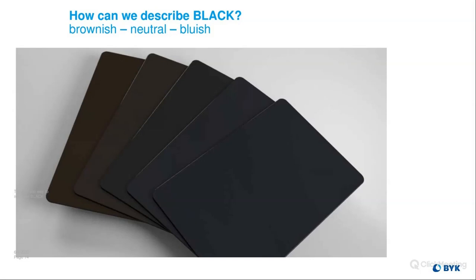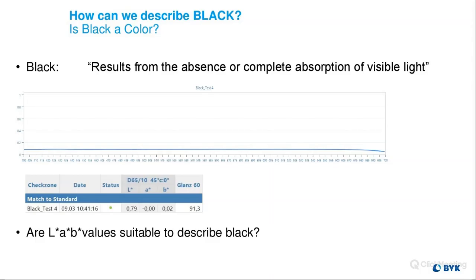So the issue comes up of how can we give values to these colors, because black is considered the absence of all visible light and color. It's not really a color. So there's talk of, should we use LAB values to describe the black color?